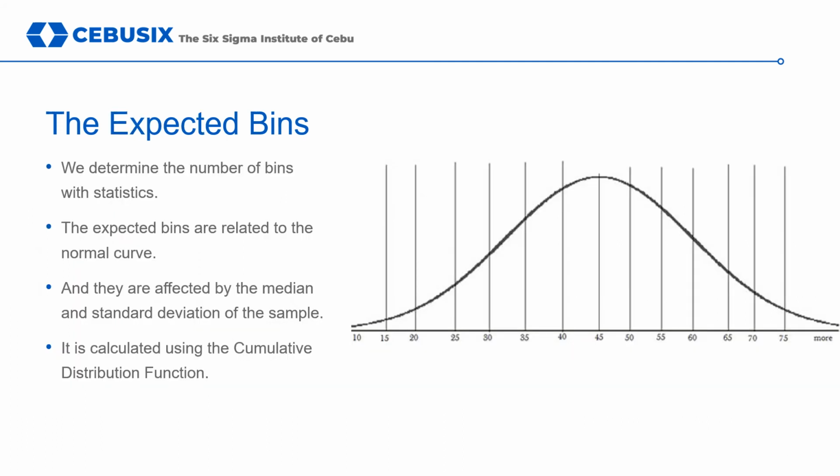We can use statistics related to the normal curve to calculate how we might expect bins to behave given the median and standard deviation of our sample. Because mathematical formulations exist for determining the area under the curve, it is possible to determine the area under the curve within a specific bin. Ultimately, that is done by calculating the total area and subtracting the portions.